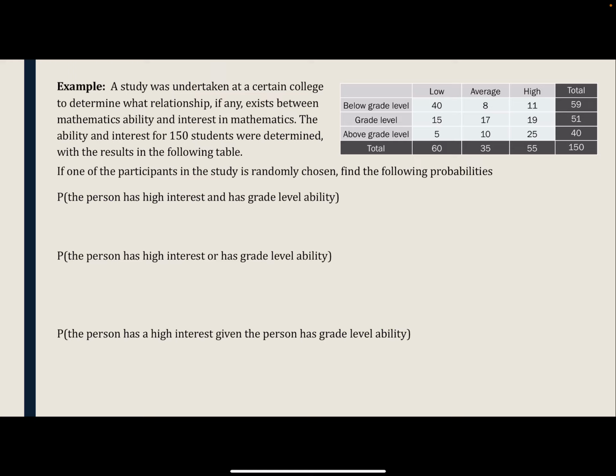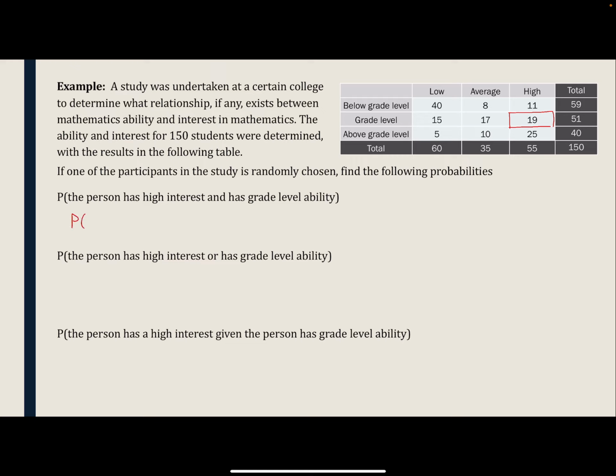So it says, what is the probability that a person has high interest in mathematics and grade level ability? So we're looking at the intersection between the high interest and the grade level ability. And so the students that have both of those are these 19 students right here, out of the total 150 students.